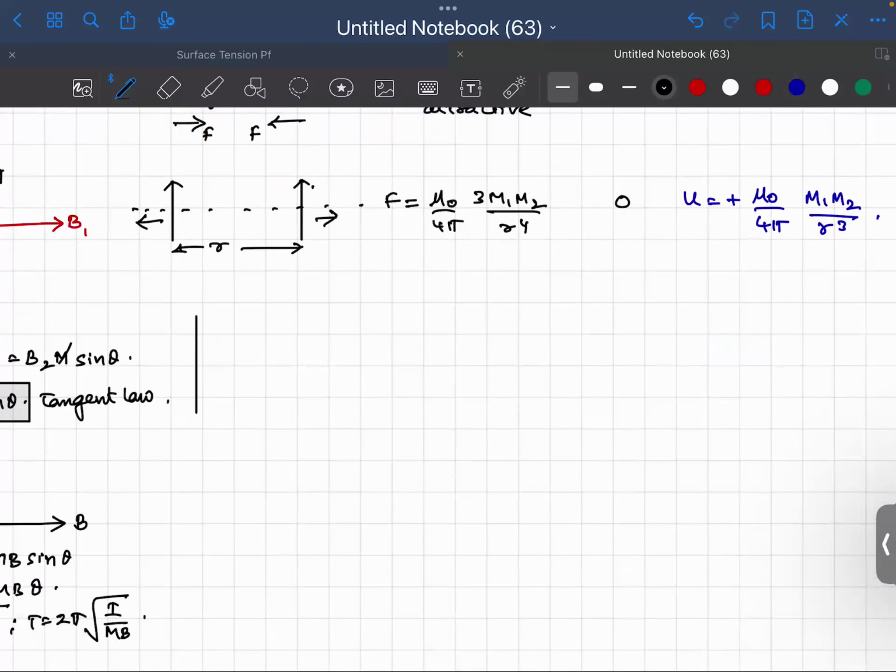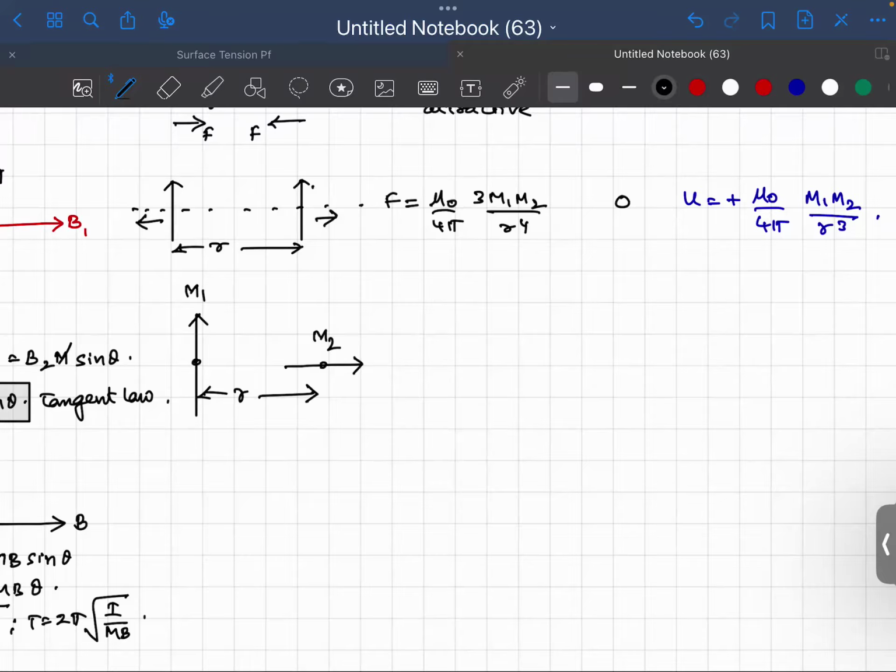One is aligned like this. The other is aligned like this. M1, M2, separated by a distance r.